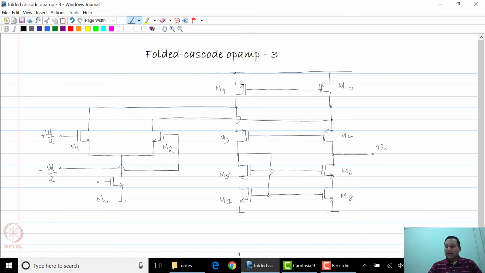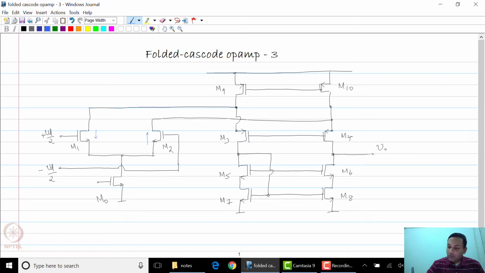Now let us quickly check if the plus and minus signs of the op-amp we have drawn are correct. If you were to apply a positive Vd by 2 to the gate of M1, you expect this current to be positive and this current to be negative in this direction.